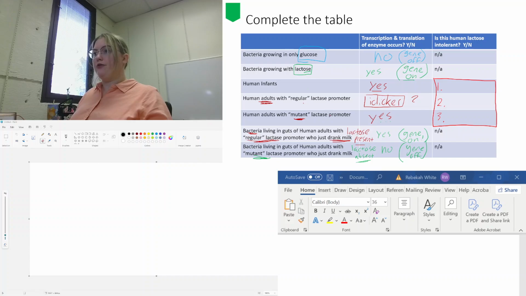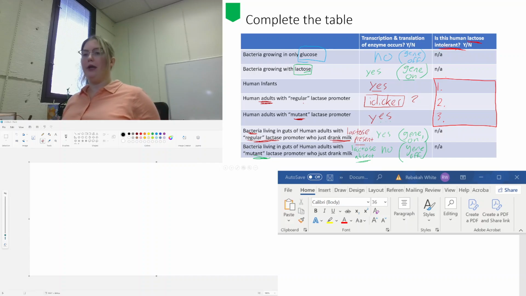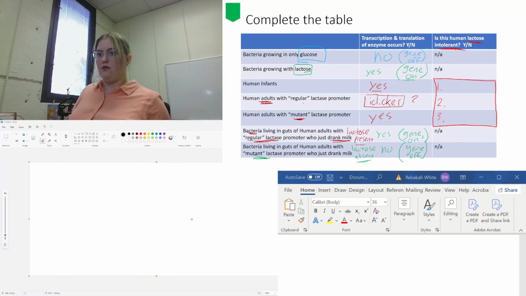Are these 3 humans going to be considered lactose intolerant? Lactose intolerant. Okay, go ahead and answer that in iClicker. And now we will discuss.